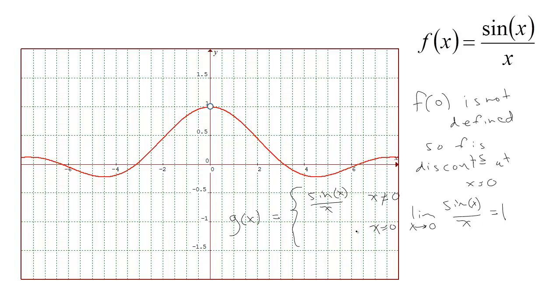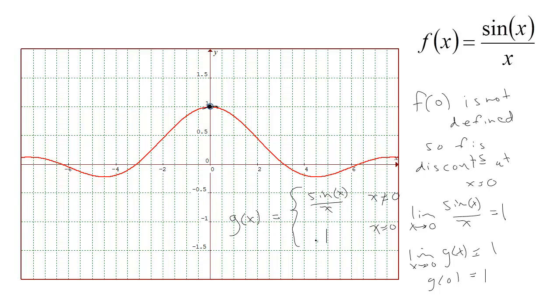But if x is equal to 0, if we define that value to be 1, then this new function g is continuous at 0, because the limit as x tends to 0 of g of x is this limit, which is 1, and the value of g at 0, we've just set it up so that the value will be 1. So what we've essentially done is to fill in this hole in the function. Now we get a nice continuous function there.